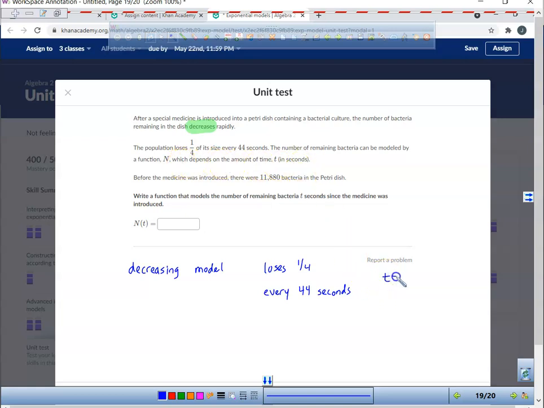So can you guys put t equals seconds? Okay? Before the medicine was introduced, there were 11,880 bacteria in the petri dish. Can you guys write the A value? Our initial value is 11,880. What does the word initial mean to y'all?